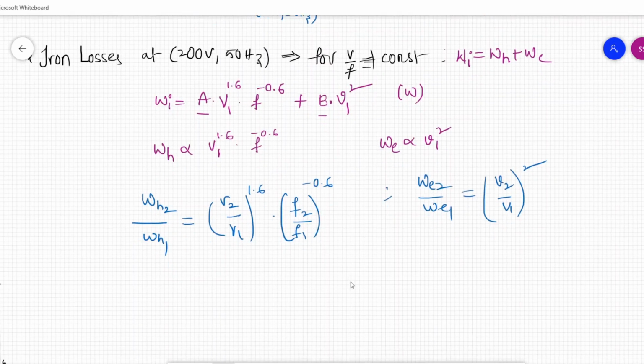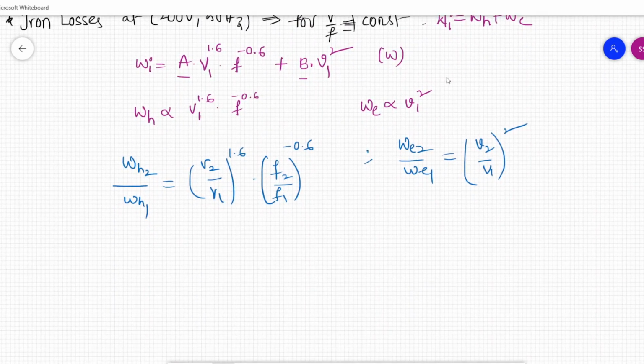Let us substitute the values: V1 is 220 volts, F1 is 60 Hz, V2 is 200 volts, F2 is 50 Hz.